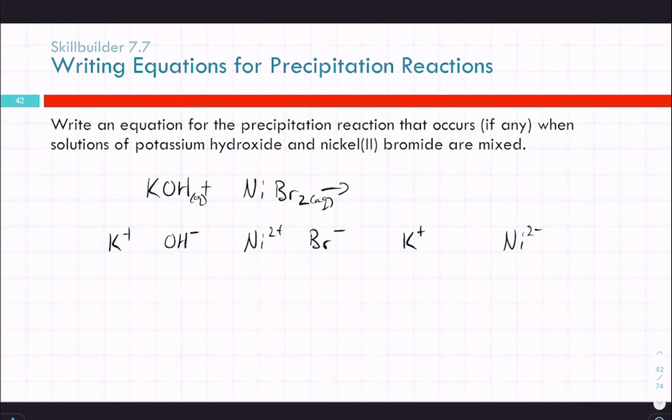So notice I just took the cations and I just shifted them over. Kept them in the same order. So potassium had hydroxide before, so now nickel gets hydroxide. And then potassium now will get bromide, Br minus.